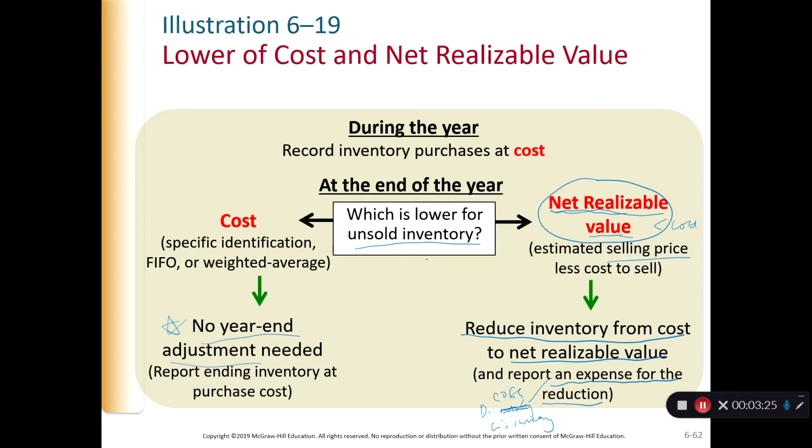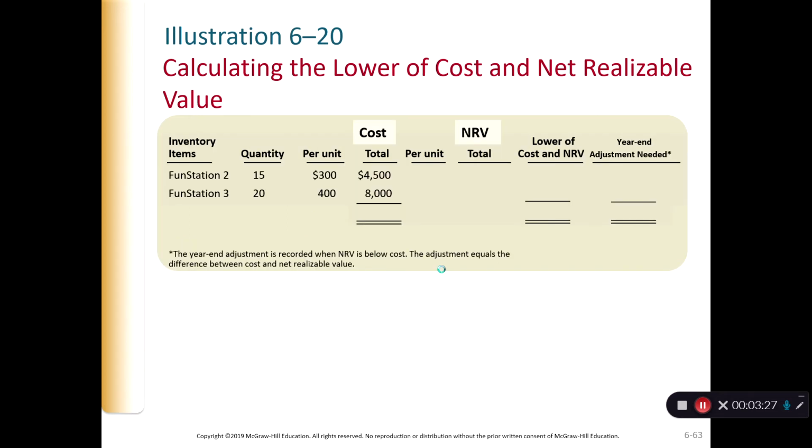I want to give you more examples for this. Let's look at Fun Station, still at the Mario game shop. They have 300 units of Fun Station 2 at a cost of $15 per unit, which is 4,500. And then they have another product, Fun Station 3, 20 of them, and the purchase cost is $400 each. Hence, the total for that specific batch of product is 8,000.